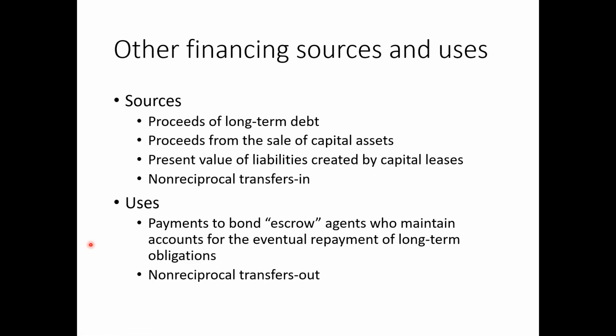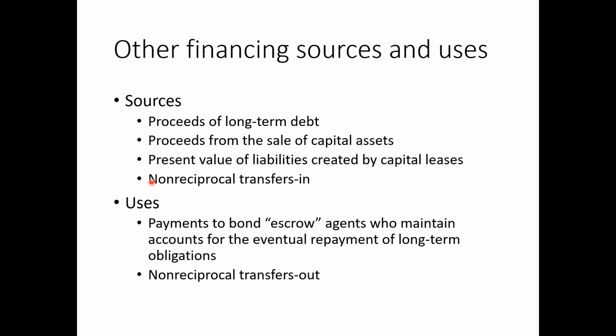So what are the sources we're talking about? Other financing sources: you have proceeds of long-term debt, proceeds from the sale of capital assets, the present value of liabilities created by capital lease, and non-reciprocal transfers in.